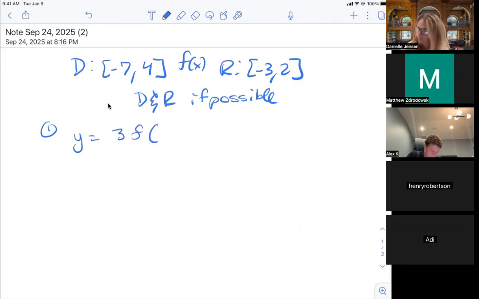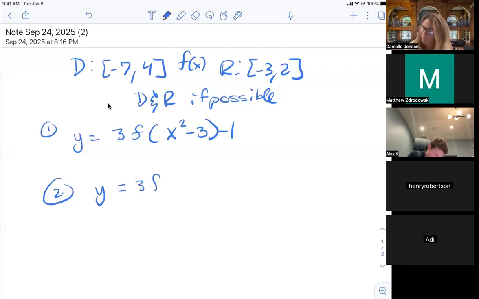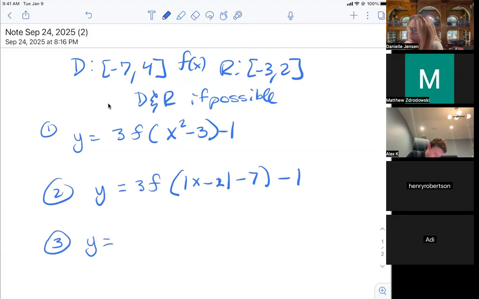3f of -3 -1, something like that. Absolute value of, actually, I'm going to change that. Absolute value of x - 2.